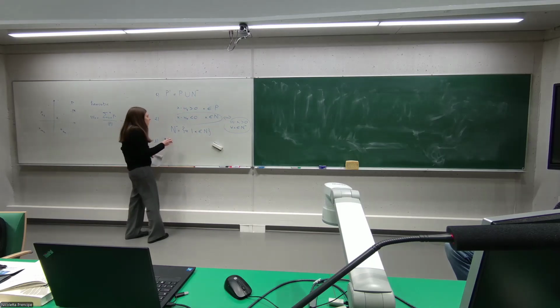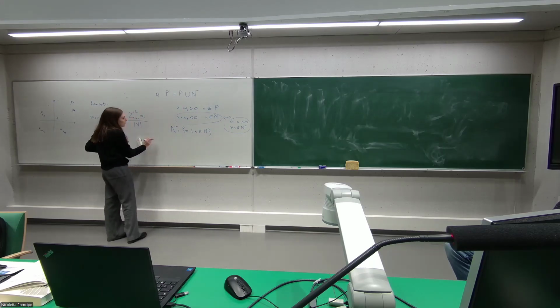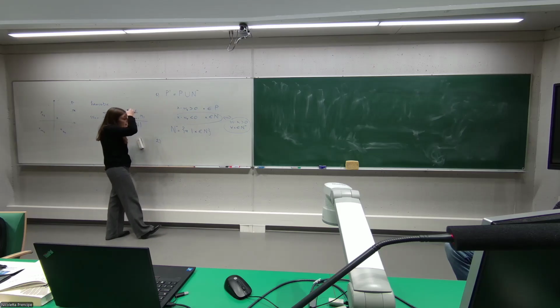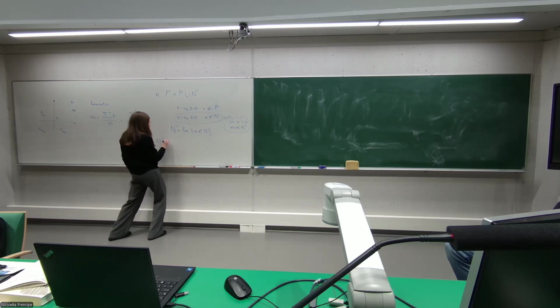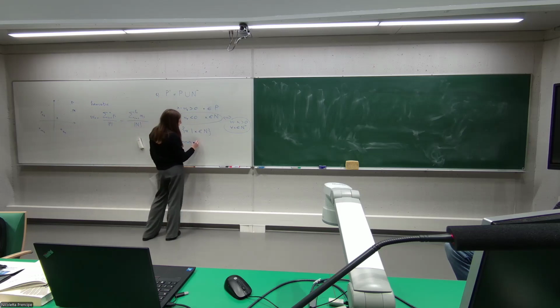Second thing is that, instead of considering the points of P, like I take all the vectors in P prime, sorry. And instead of taking them as they are, I normalize them. So whenever I have x that belongs to P prime, I consider instead x divided by the norm of x.